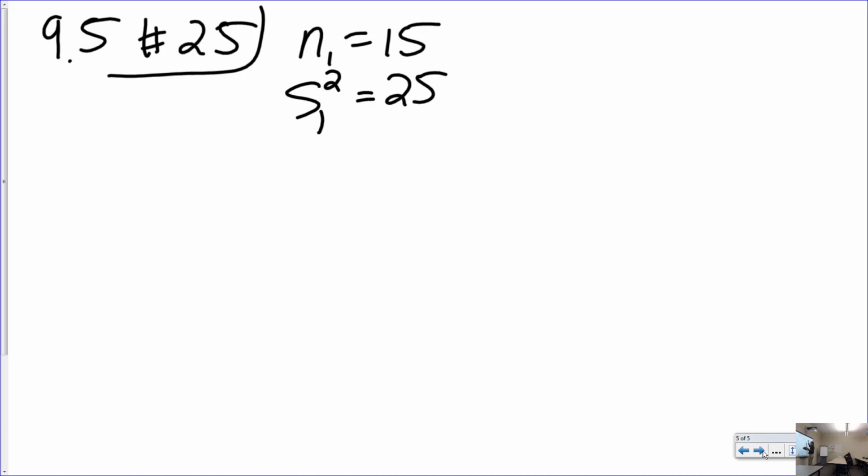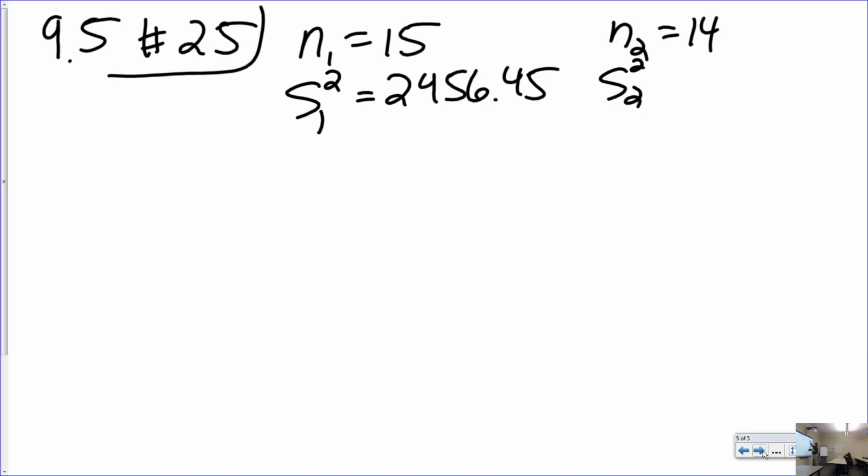It's 2456.45. And N2 is 14, and its variance is 3567.90.